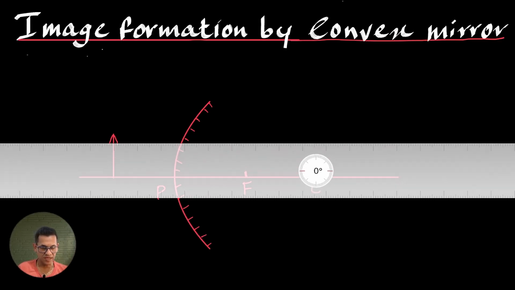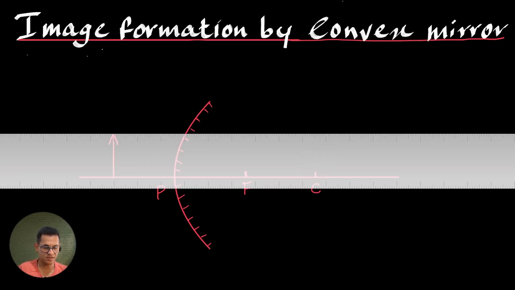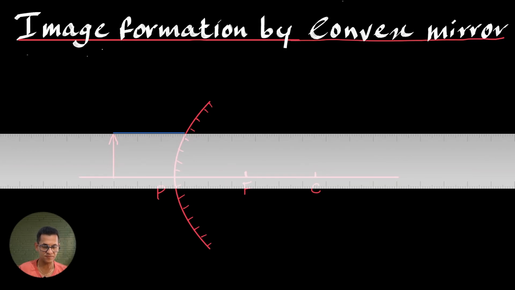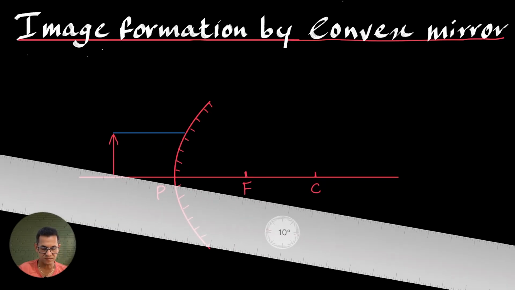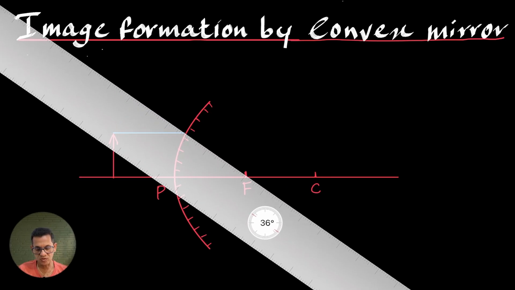So the first rule, as we have seen, says that if a light ray is traveling parallel to principal axis, after reflection, it appears to diverge through focus.